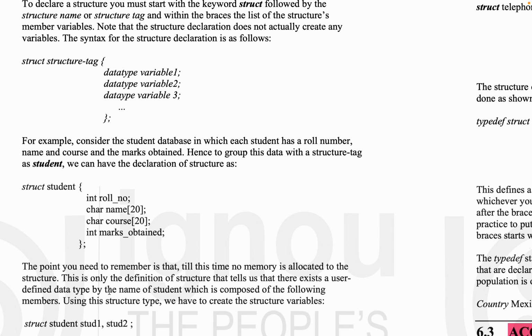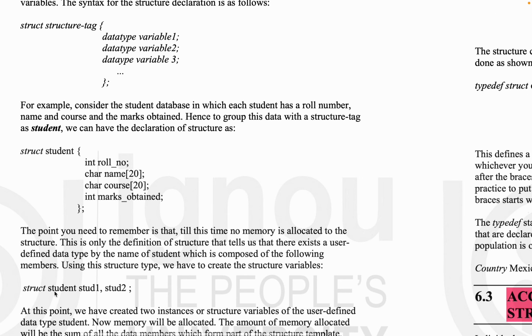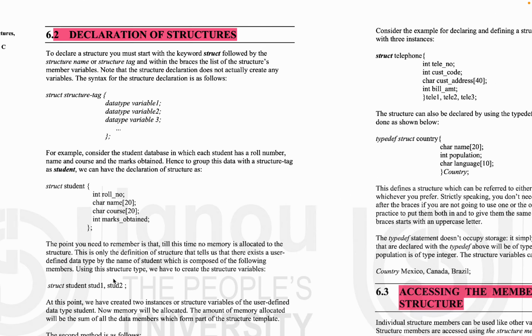The point you need to remember is that this does not yet allocate any memory for the structure. This is only the definition of the structure that tells us that there exists a user-defined data type by the name of student which is composed of the following members. Using this structure type, we have to create a structure variable.